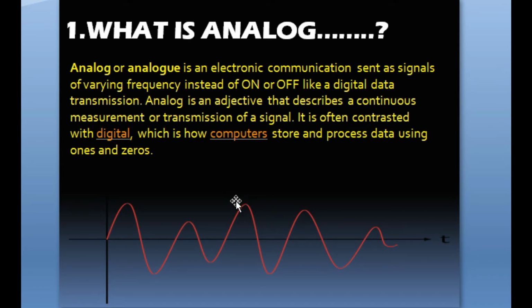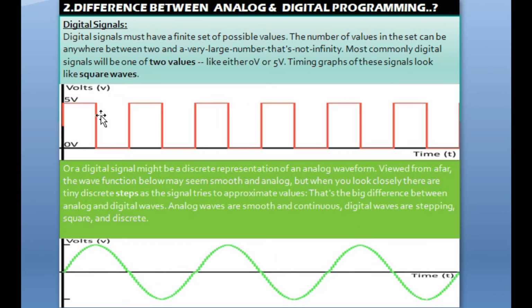Now I want to describe the difference between analog and digital, so this topic is clear. So friends, this is the difference between analog and digital programming. This is the digital wave, 0 and 5. 5 is the maximum and 0 is the minimum. This is the minimum condition and this is the maximum condition. These two stages are the values of our digital signals.